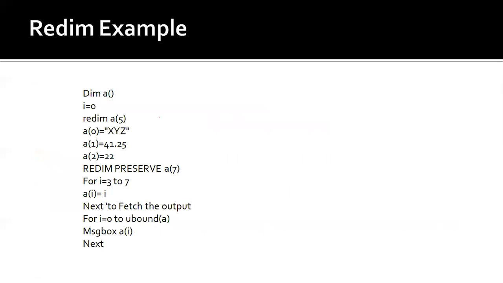Let's see the example. Dim a is a variable with no size defined. I is equal to 0. Then ReDim a(5). See here we are dynamically changing the size of the array to 5.